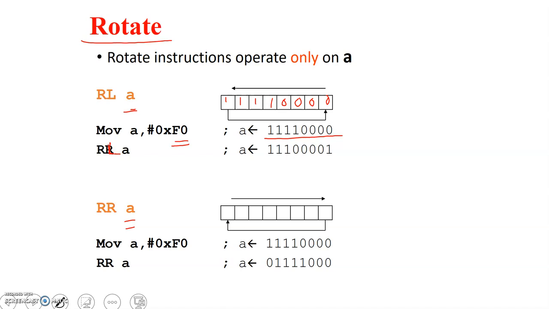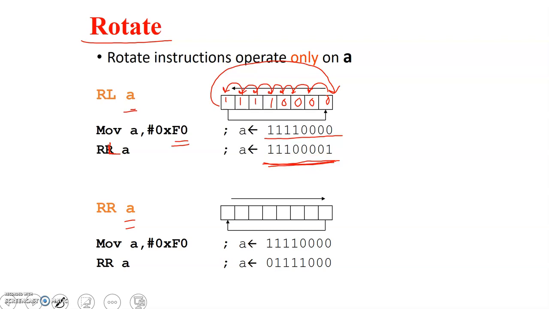Each of the bits will rotate to the left side, and this 0 will move here, this will move here, and so on, and the D7 bit will come to the LSB, the lowest significant bit. So the result will be this.